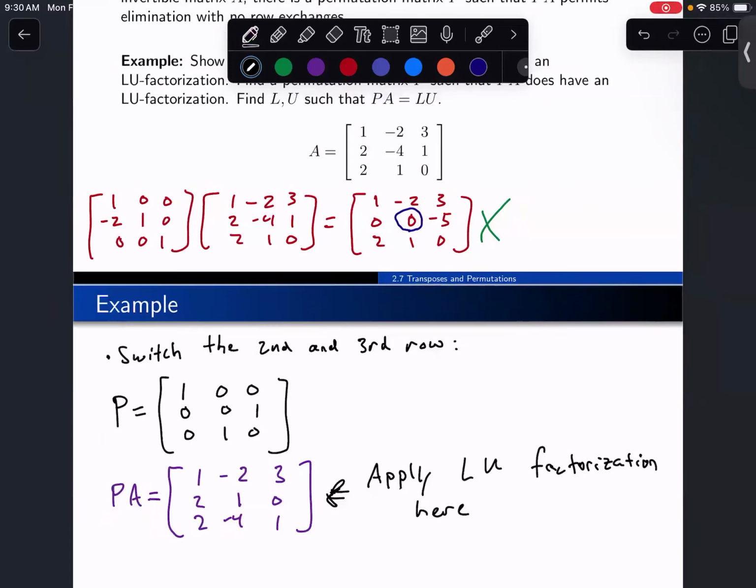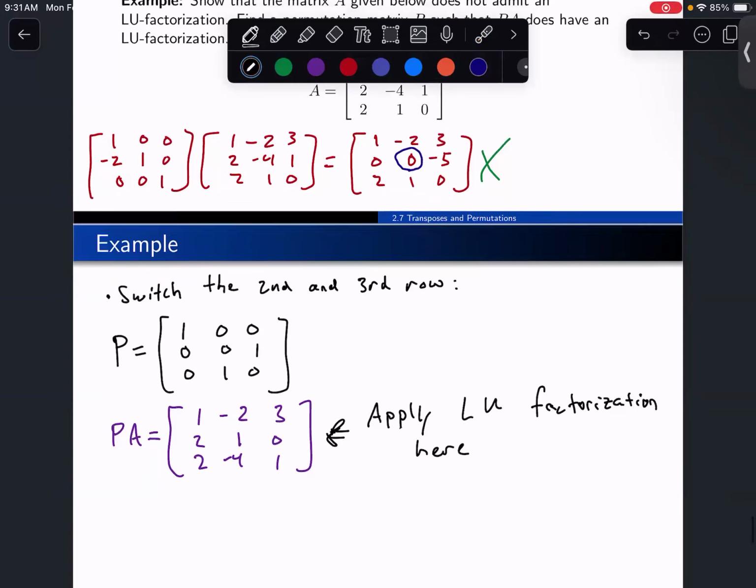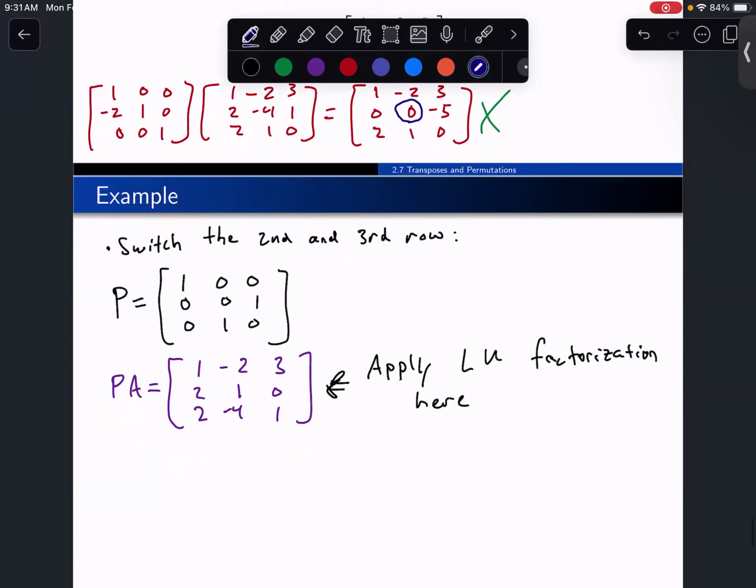And so we already went through one of the steps before. We had this -2 in the 2,1 entry. Let's just do things in order. Let's get rid of this entry here, this 2 here. If we were to do that, you get the matrix 1, 0, 0, -2, 1, 0, and then 0, 0, 1.